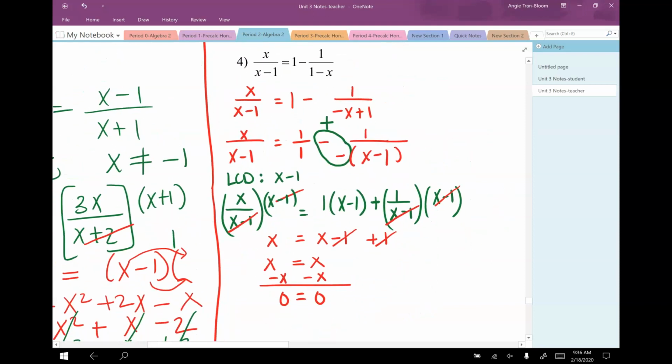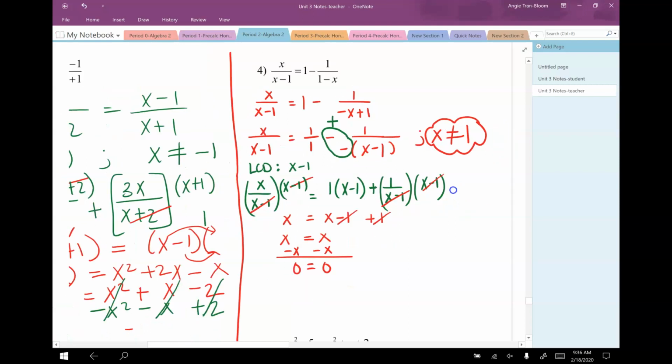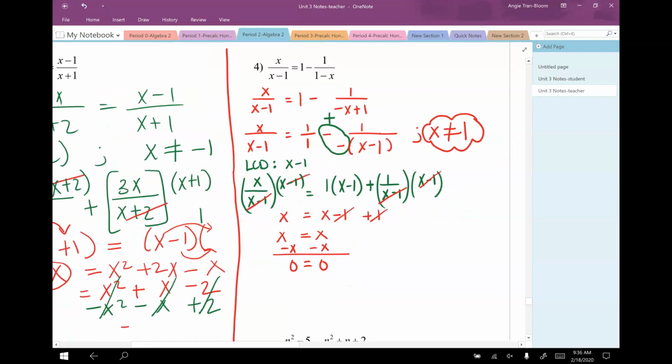What is it that x can never ever be? Earlier, remember, x can never ever be 1. That was our restriction. So we are going to write all real solutions except 1.